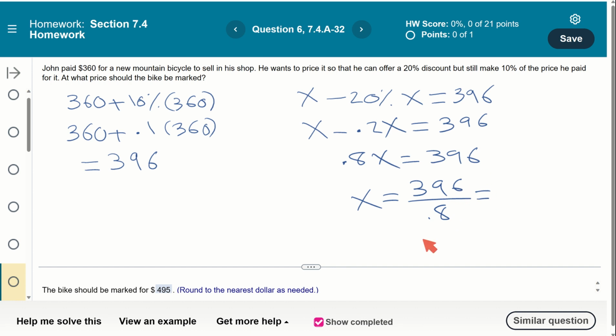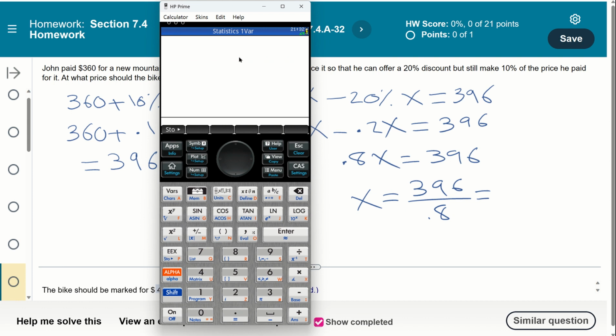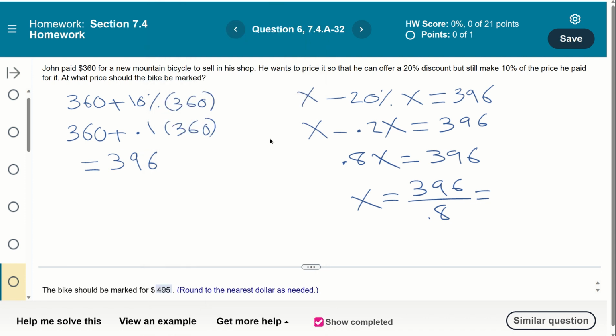So let's calculate it. 396 divided by 0.8. So 495 is what he would want to price the bike if he still wants to make $396. All right, there we go. That's that.